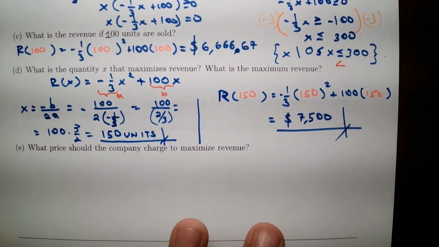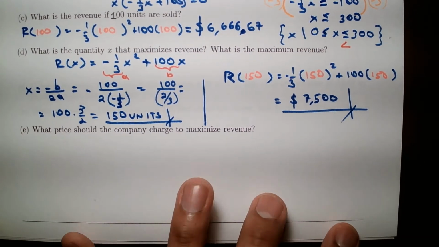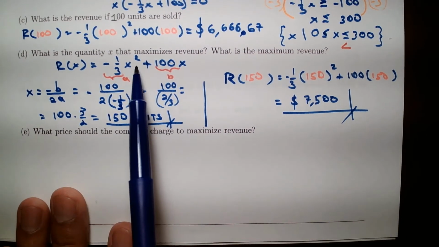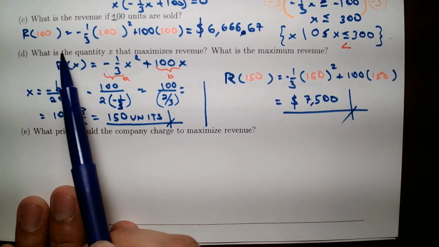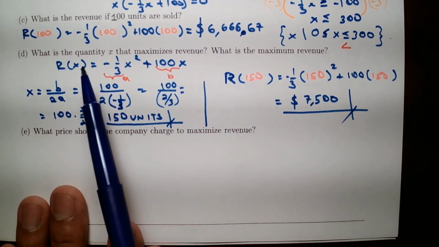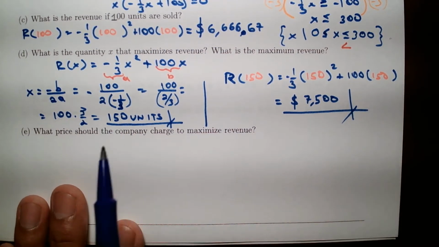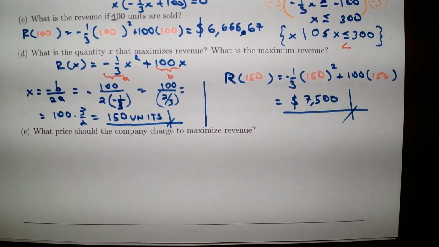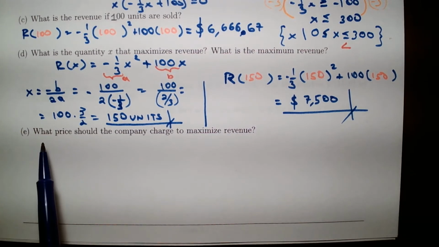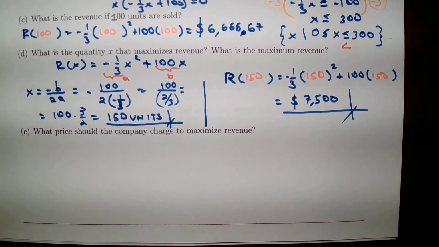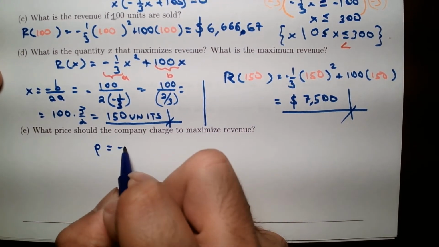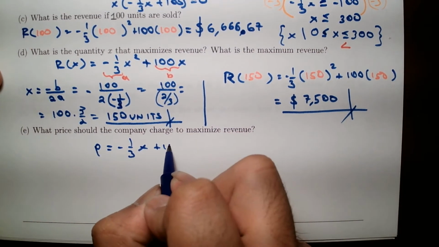Now let's see. Well, part A: what price should the company charge to maximize the revenue? Well, notice that this function relates only the revenue with the amount of items sold, not the price. However, since they're asking us for the price to maximize revenue, let's go back to our price function that is at the top of the page: P equals negative 1/3 x plus 100.